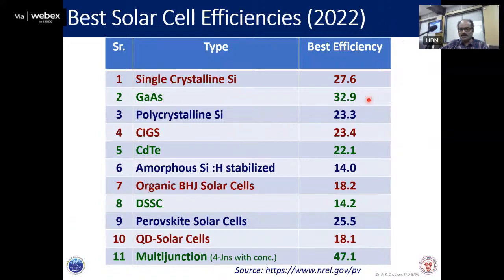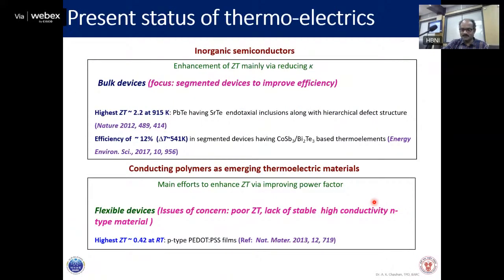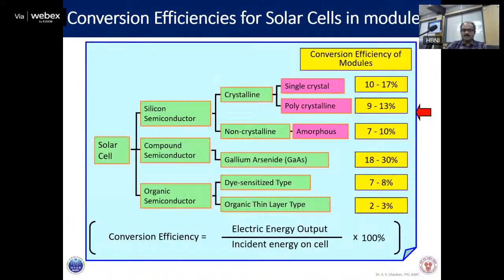So these are the best efficiencies for the solar cells, and these are the efficiencies for the thermoelectrics. You can see for a 4-junction multi-junction device with concentrators of nearly 400 sun, 47.1% efficiency has been achieved.